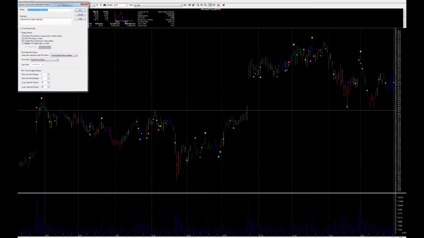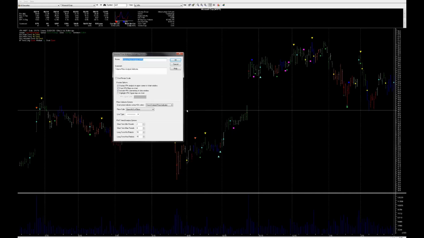I may be moving a little fast here, so there may be more questions. When you have the VPA drawing the price bars, you pick the color. You can pick the type of bars you'd like to draw. Generally, bar charts, the open-high-low-close, is pretty common for this.